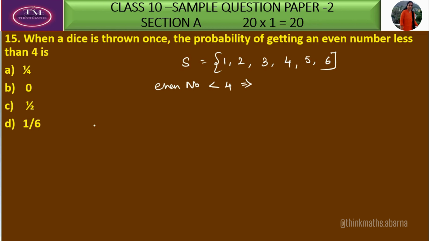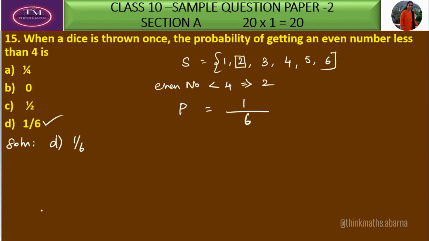Which number? We have only 2. So probability is nothing but how many sample space are there? 6. So totally we have 6. In that we are getting only one number which is an even number less than 4. So probability is 1 by 6. So D is our right choice. So the solution is D, 1 by 6.